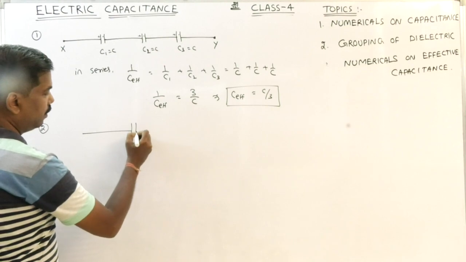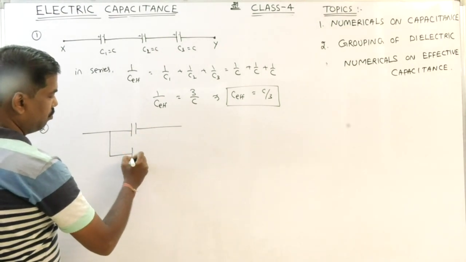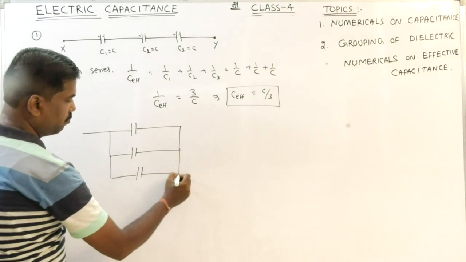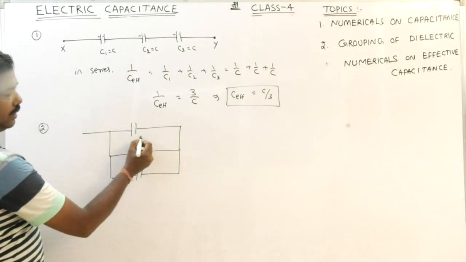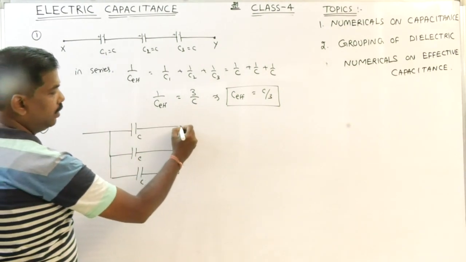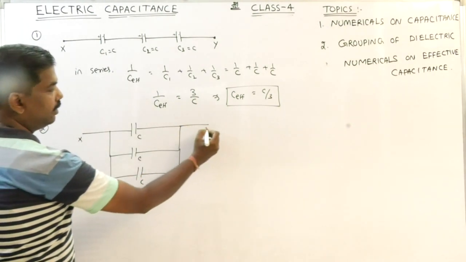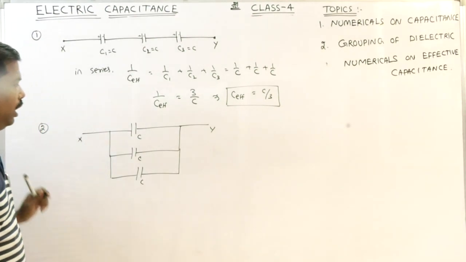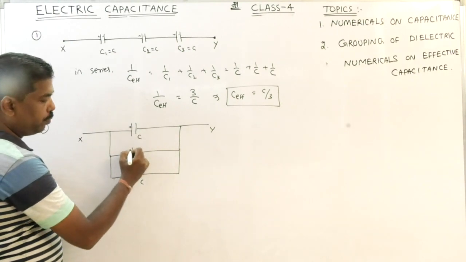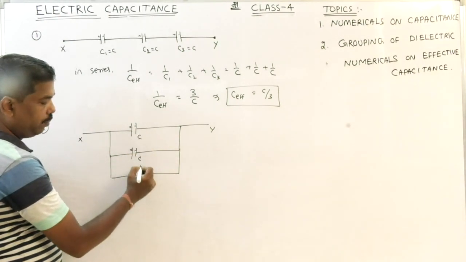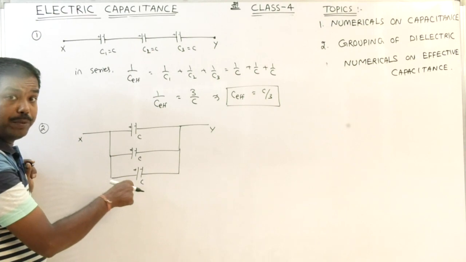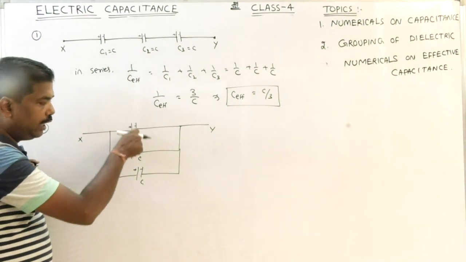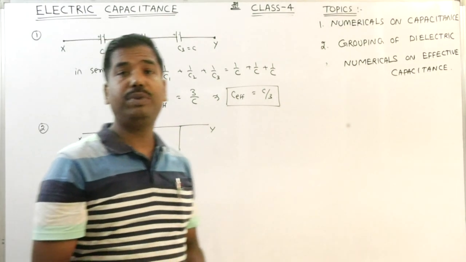Let three capacitors C be connected in such a way, then find the effective capacitance across XY. Listen to me. Here this is positive, positive, positive, negative, negative, negative. It means the positive plate of each capacitor is connected to one end, while the negative plate is connected to the other end of the power supply.